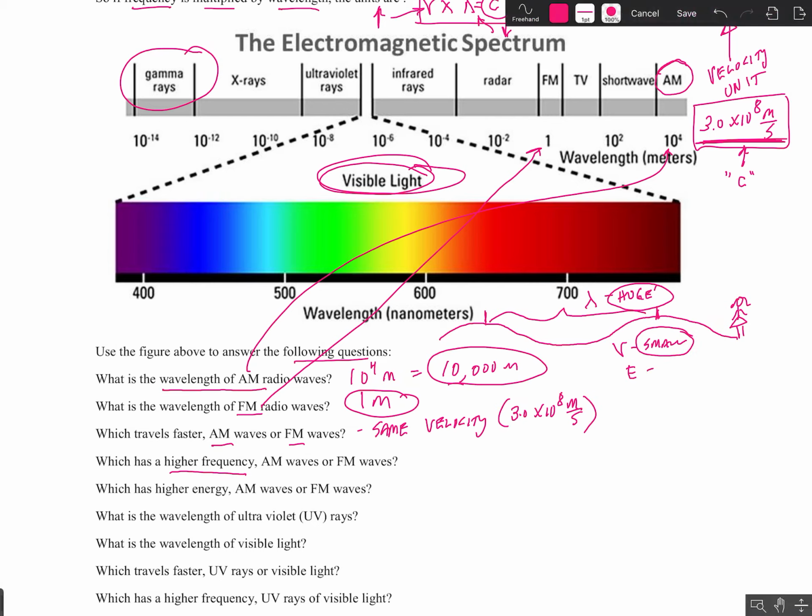The energy that's being inflicted on that girl is also small. She's not being hit very often. She's really enjoying her day at the beach because the frequency is small and the distance between waves, so this wave peak to this next wave peak, is huge. It takes several minutes for each wave to come to the beach.